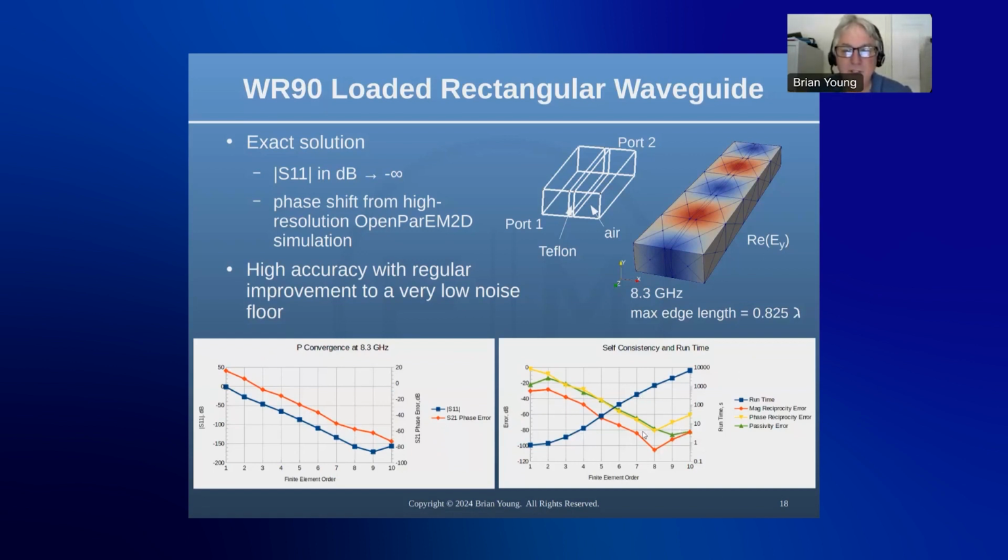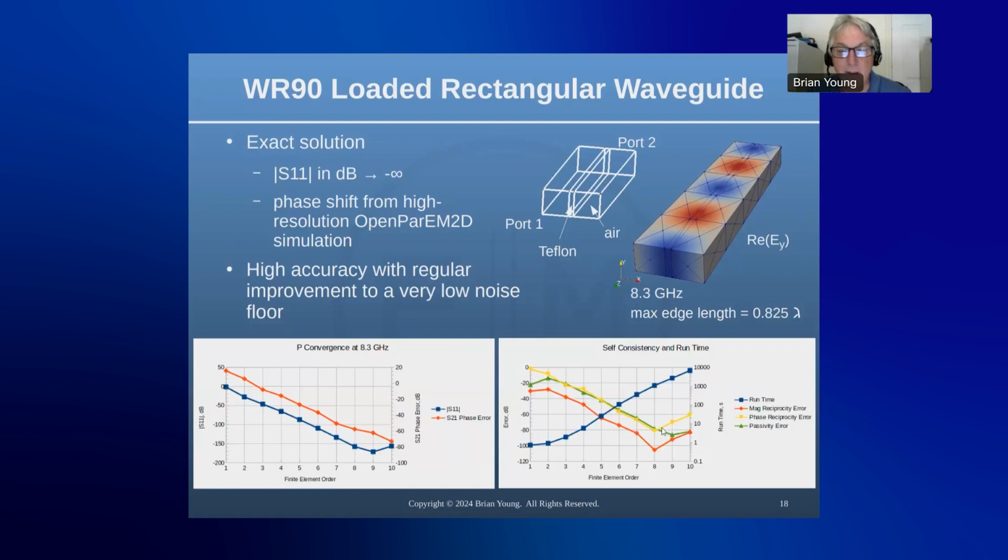The plot on the right just shows some metrics to check the quality, where there is the reciprocity error, which is S12 has to equal S21. If you have a low quality solution, they won't be equal. So the magnitude of the reciprocity error, comparing driving one port versus the other, steadily improves as the finite element order increases. So that's a good result. The phase reciprocity error also continues to improve until some sort of noise floor is hit.